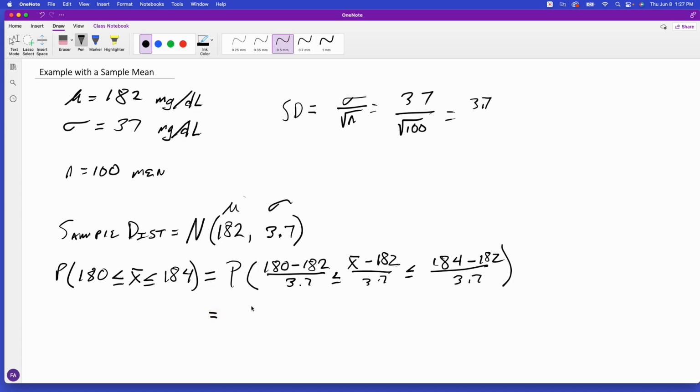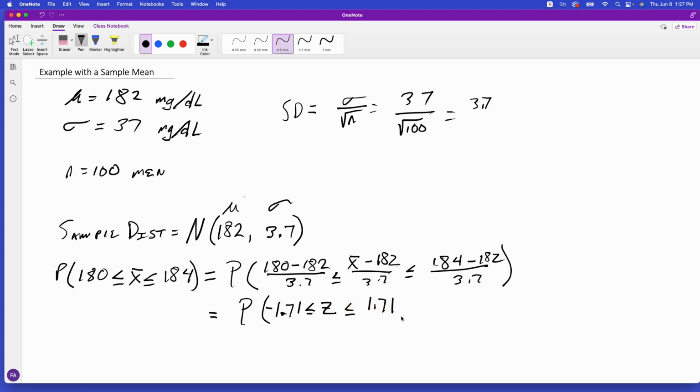Now this means that P is whatever this quantity is. I don't have that exact quantity in my head. I think it is, yeah, here it is, negative 1.71 less than or equal to Z, and that's less than or equal to 1.71.